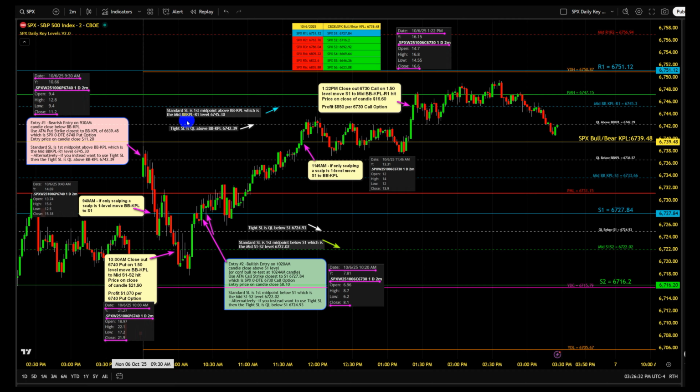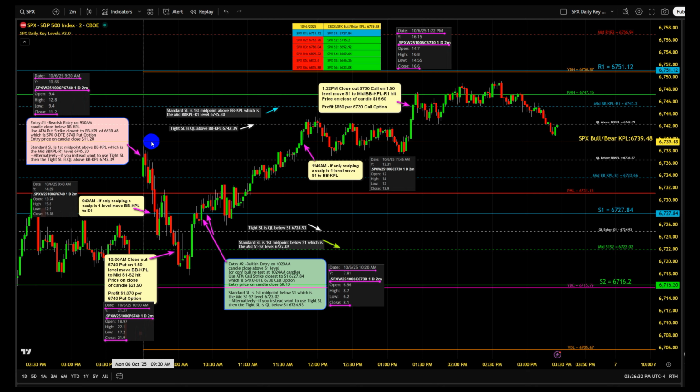So that is going to be stopped out more often than the standard stop loss. So you just have to keep that in mind if you choose to use the tight stop loss. So in today's session, on both trades, the tight stop loss was not breached in either case, and of course neither was the standard, but there will be days where the tight does get stopped out, whereas the standard does not. So you just have to keep that in mind.